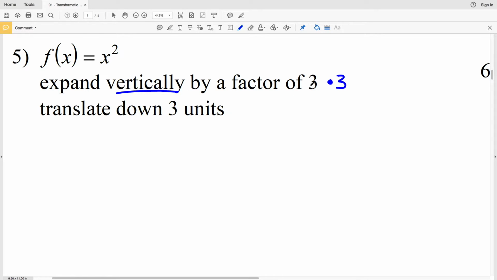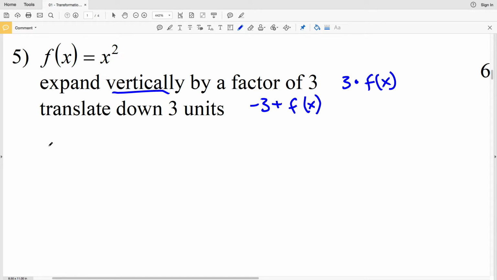However, since we're expanding, we're multiplying by that whole number 3. And since we're expanding vertically, we're going to be multiplying that 3 by the function itself. We're also going to be translating down 3 units. So we're going to be subtracting 3, and that 3 will be taken away from the function itself because we're translating vertically.